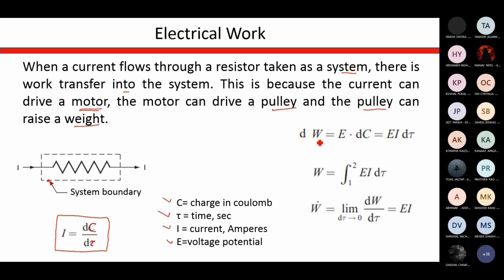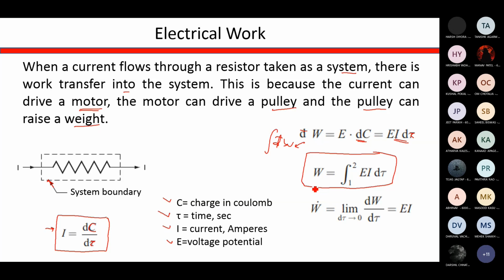So dW, the incremental work, will be equal to E into dC, where this dC is nothing but I into d tau from this expression. I'm just substituting for this I into d tau, not t, and then you can find out the total work done using this expression. So you have to integrate this term, and you will get the total work.